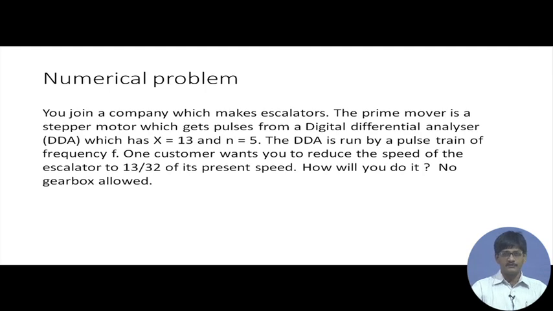So, the speed which it was establishing with x equal to 13 and n equal to 5, the customer wants you to further reduce it to 13 by 32 of its present speed. How will you do it? And no gearboxes are allowed.